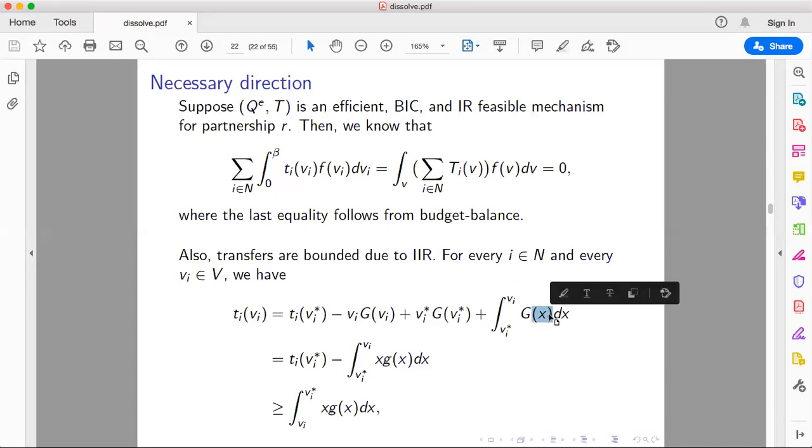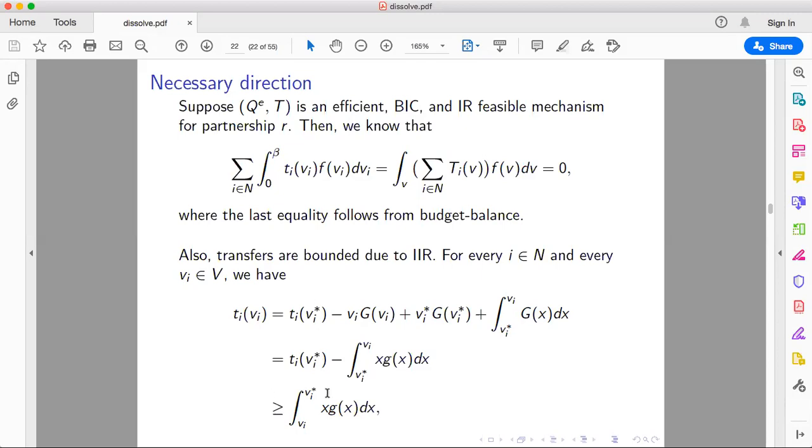Remember, I have already told you that the capital G is the interim allocation probability here, because QEV is equal to GIV. That's why this is written in the G terminology. So this equation follows from Bayesian incentive compatibility, that revenue equivalence formula.